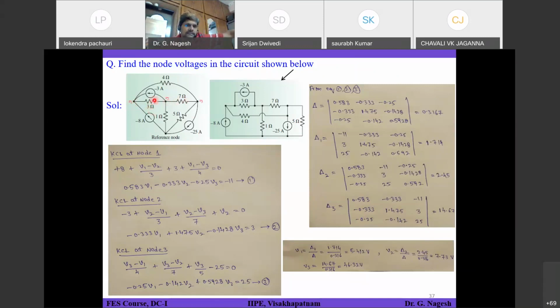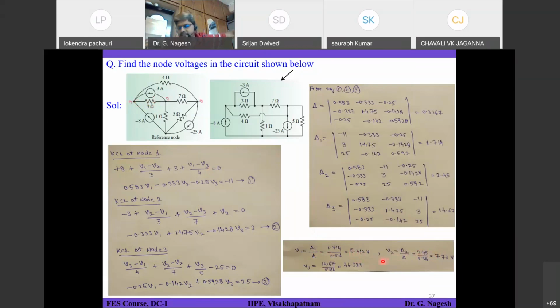Okay. So in both cases the direction will be opposite. Let's say I am asking for the current flowing through 3 ohms from V1 to V2. So what you have to do is V1 minus V2, that means 5.412 minus 7.73, divided by 3.